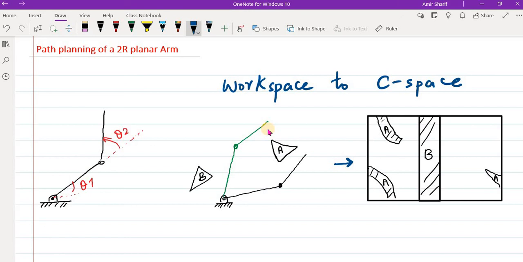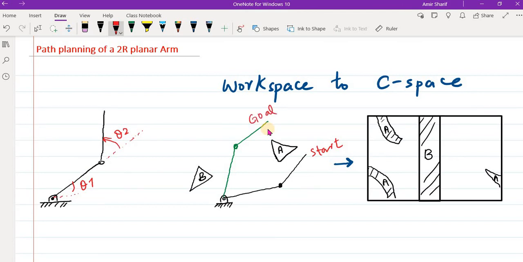When this robotic arm is in the real world, it must face some obstacles. So in the middle figure we have two obstacles A and B, and then we have the start position of our robotic arm. This point is the start point, and now we want the robot to reach the goal location.